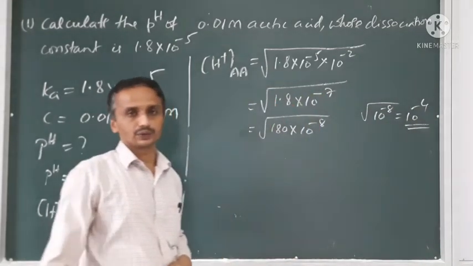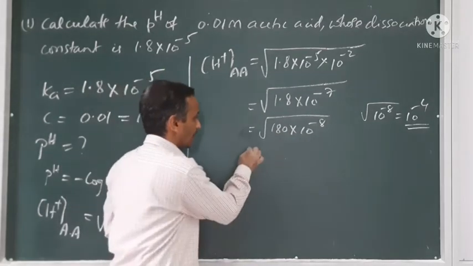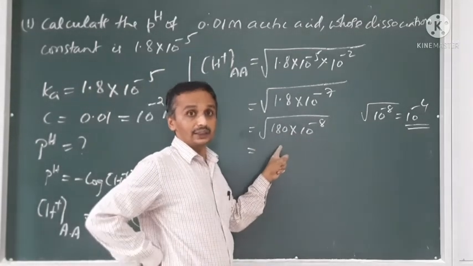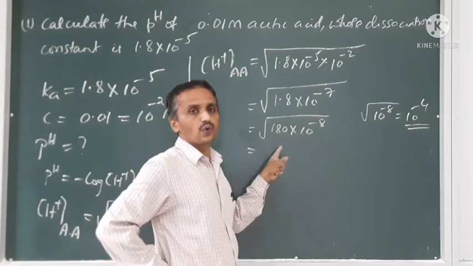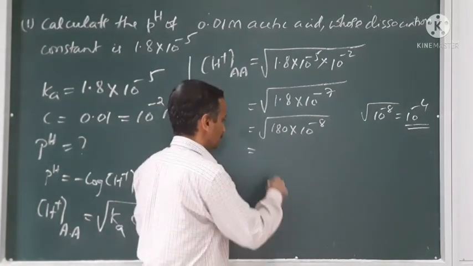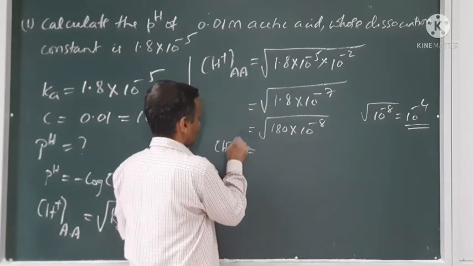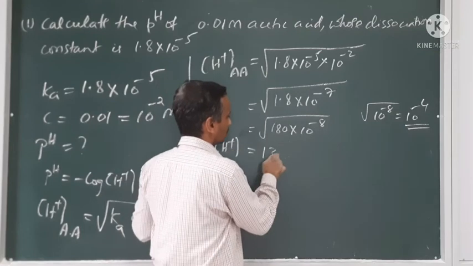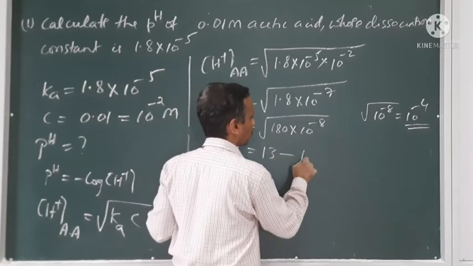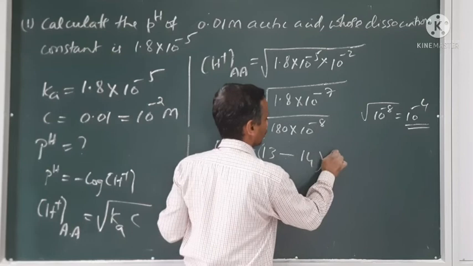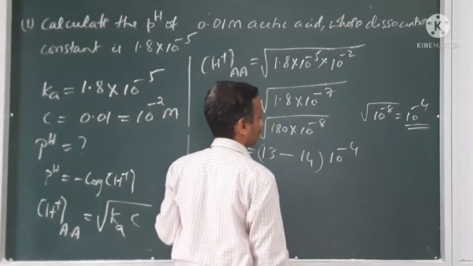Easy to take the square root. Now 13 13s are 169, 14 14s are 196. So H plus ion concentration should be between 13 to 14 into 10 to the power minus 4.